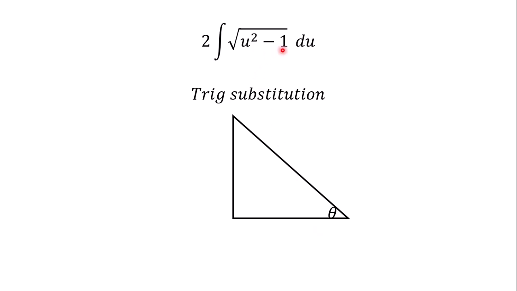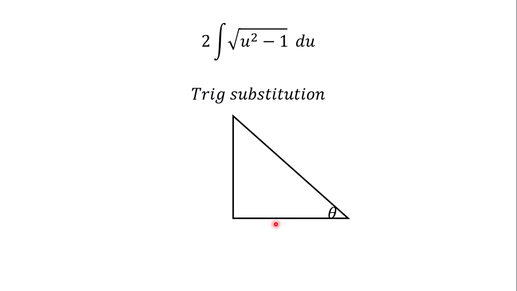Here we are subtracting 1 from u, so since we are subtracting this 1 from u, it means we have to put our u on the hypotenuse side. So here will be u, and then we will put this 1 here. Forget about the minus. Put this 1 on the adjacent side.